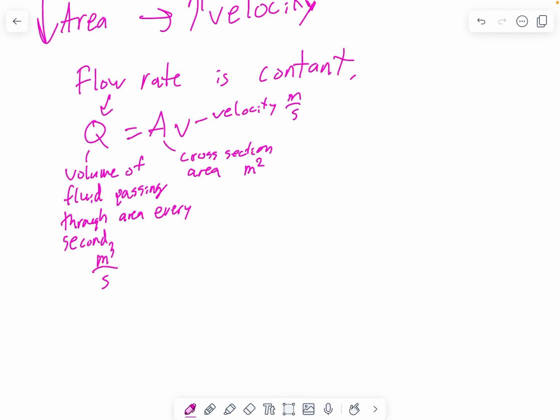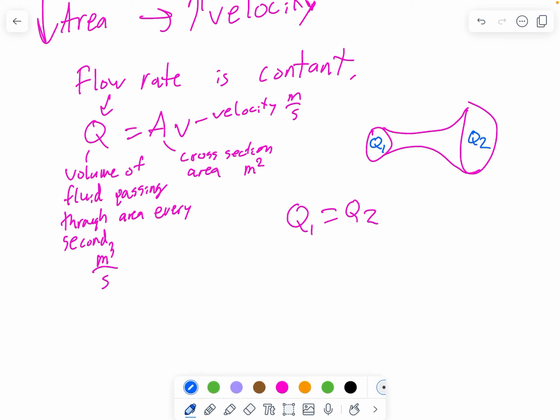So we can rewrite the equation to be Q1 equals Q2, where Q1 and Q2 are different points in your pipe. So we have flow rate here, Q1, and flow rate here of Q2, and they're going to be equal to each other because the flow rate is always constant. And then we can expand the equation.